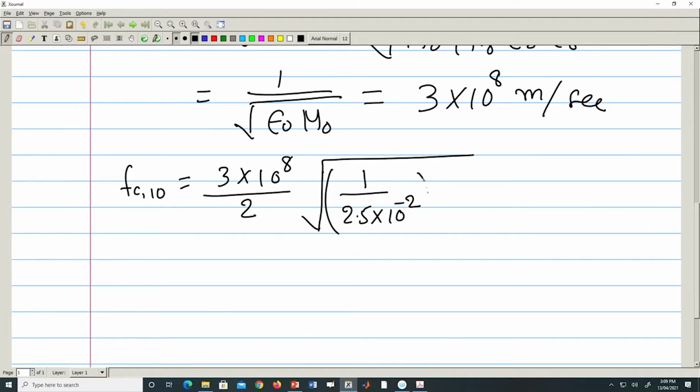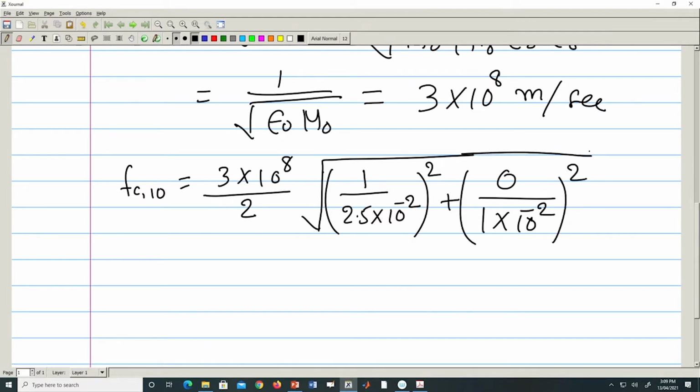We have to keep the dimensions in meters. From this, the 100 will come out, and then 1 by 2.5 will give 6 gigahertz. So, the cutoff frequency for the TE10 mode will be 6 gigahertz.